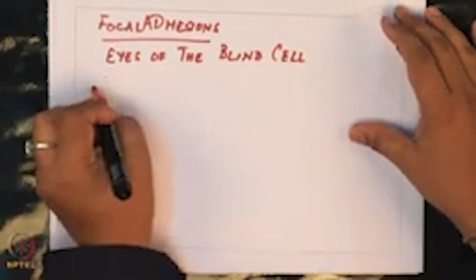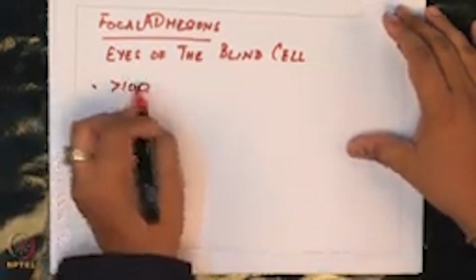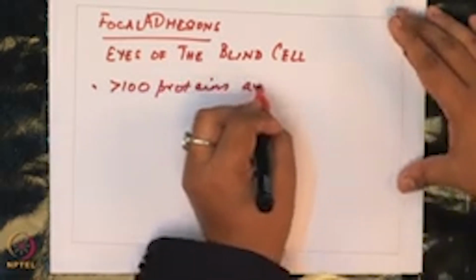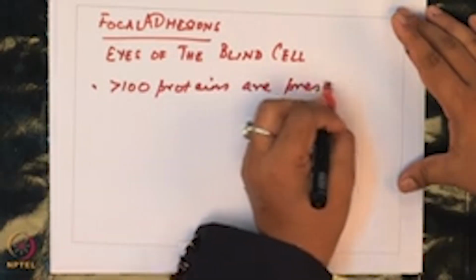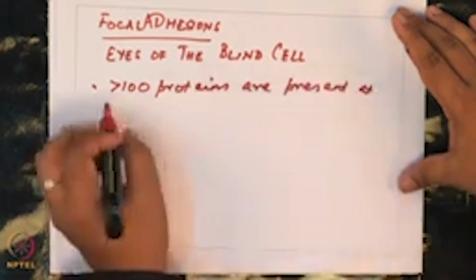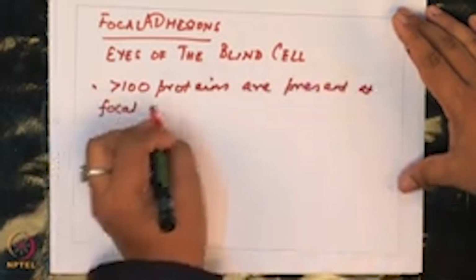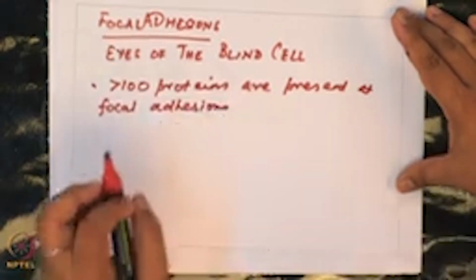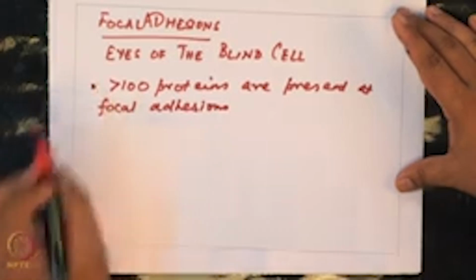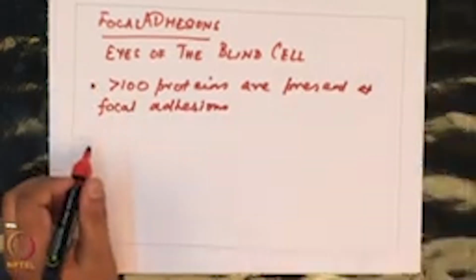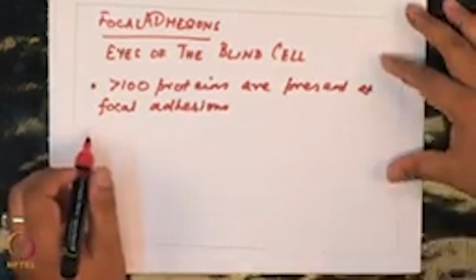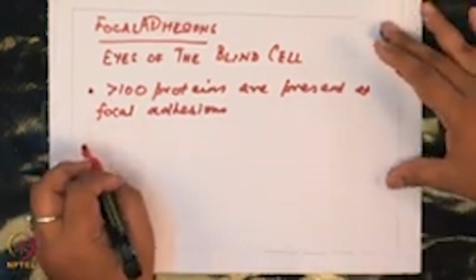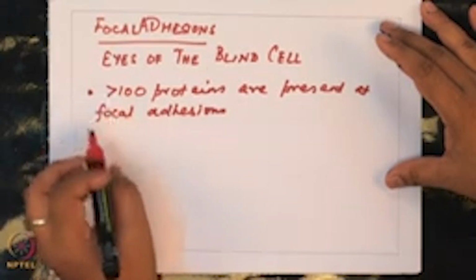It has greater than 100 proteins. So, you can have more than 100 proteins localized at focal adhesions, and the focal adhesions serve various functions.